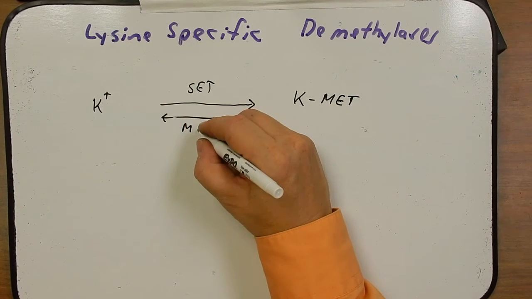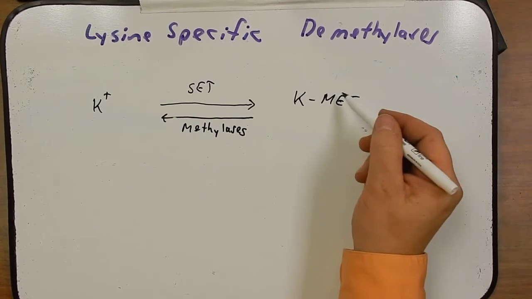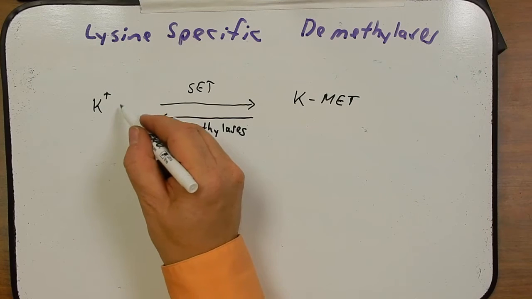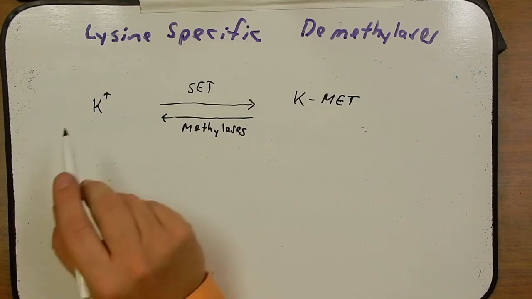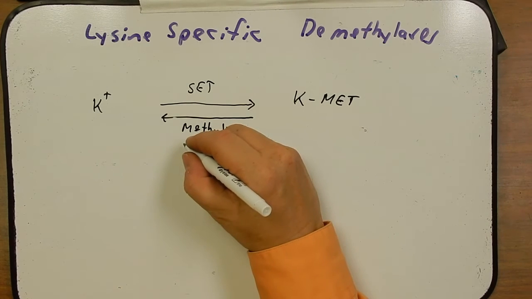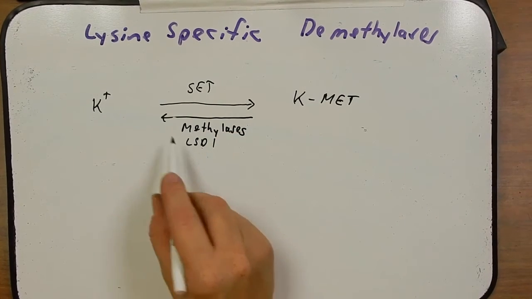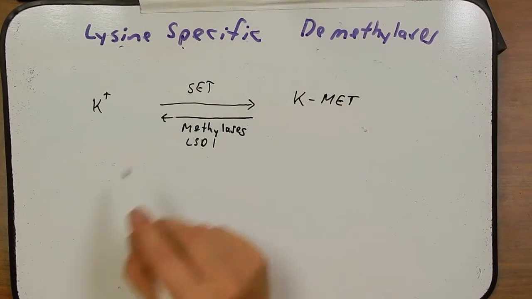And then demethylases can reverse that reaction, removing the methyl group and restoring the methionine and restoring the lysine with its positive charge. The one demethylase that I want you to know is LSD1, which stands for lysine-specific demethylase.